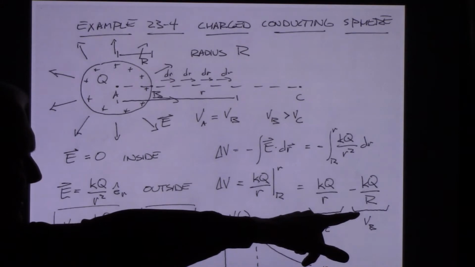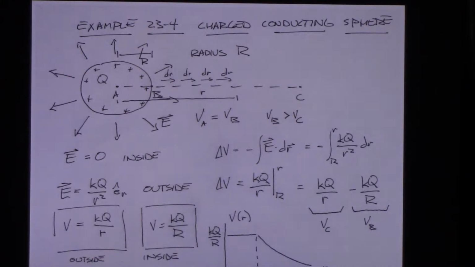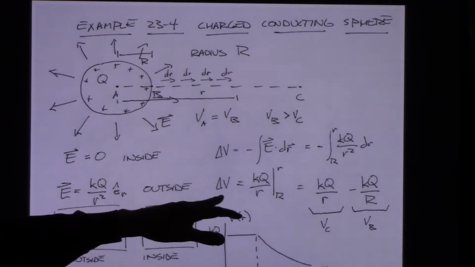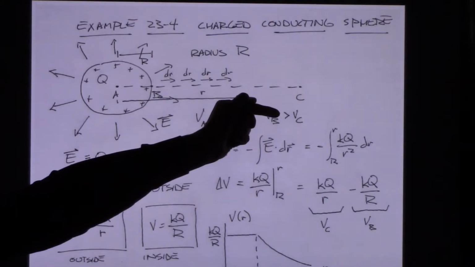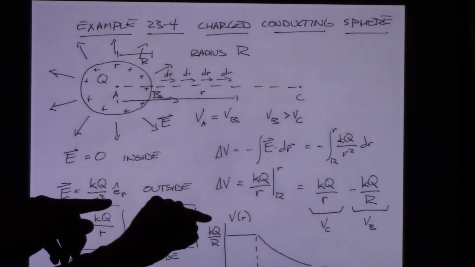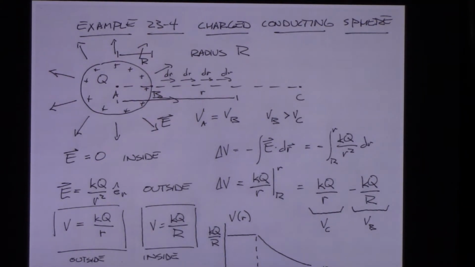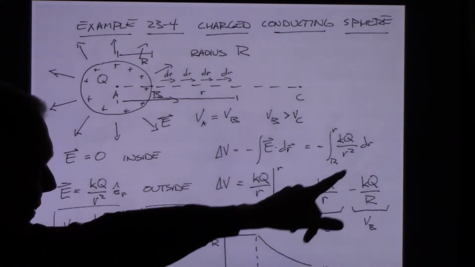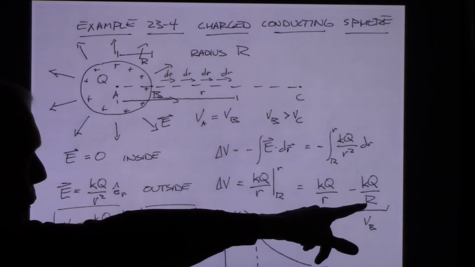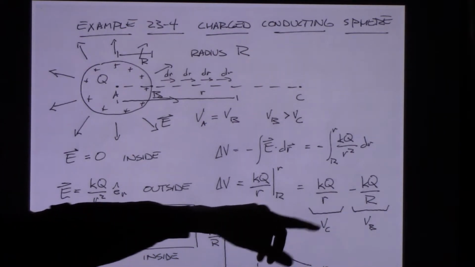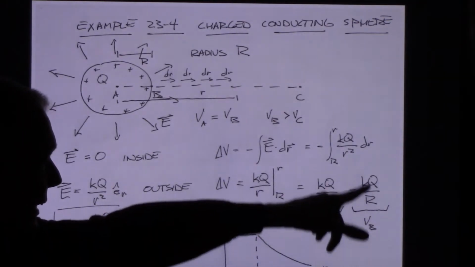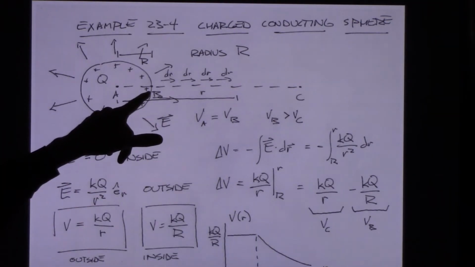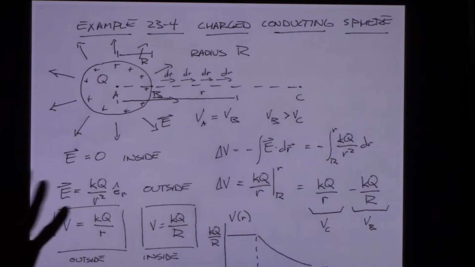Now I got a minus sign on here because what this integration is telling us is how much the electric potential drops off as I'm headed outwards. So what I can do then is take the absolute value of this, kq over r. If kq over little r represents the potential way out at some distance, then kq over big R represents the potential along the surface.